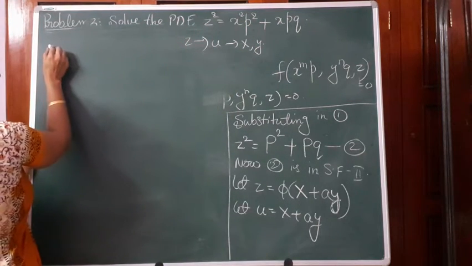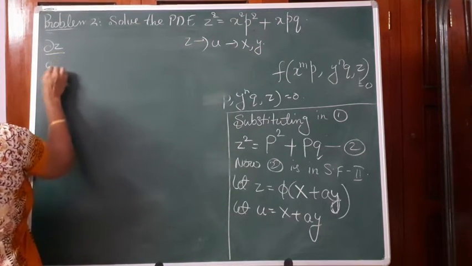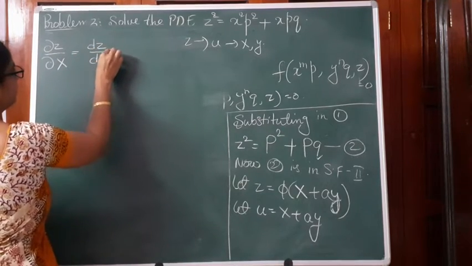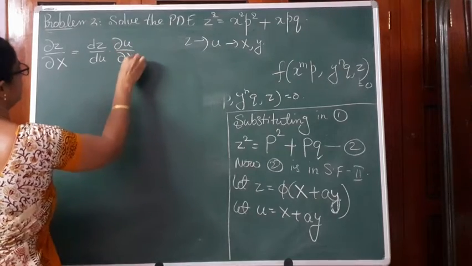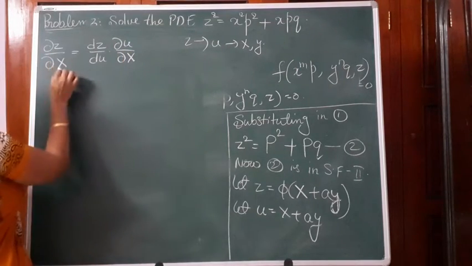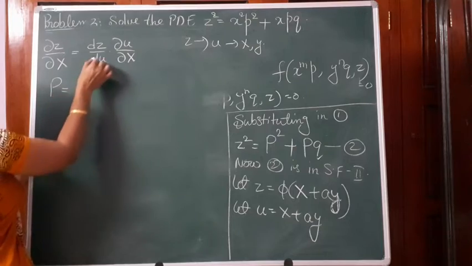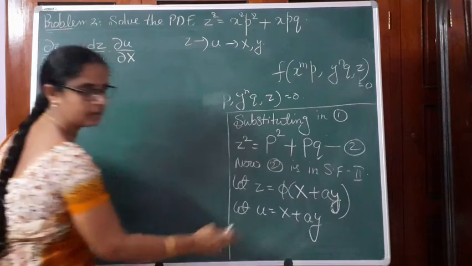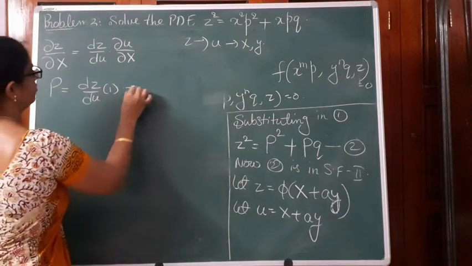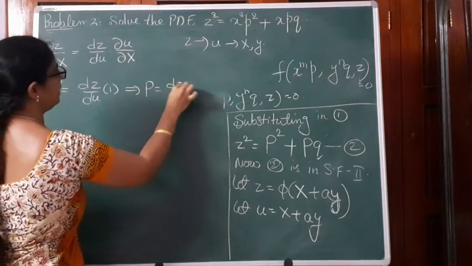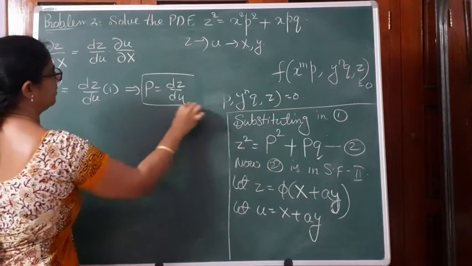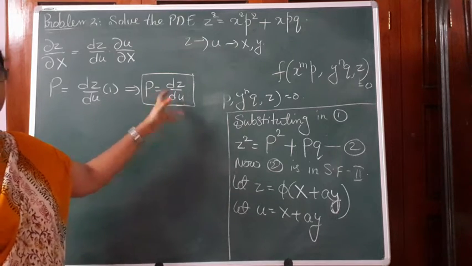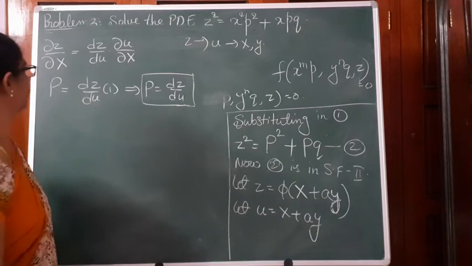So we can write dou z by dou capital X is equal to dz by du into dou u by dou capital X. Dou z by dou capital X is capital P, dz by du into dou u by dou x. Dou u by dou capital X is 1. Therefore, capital P is equal to dz by du. This is the regular procedure we do whenever the equation is in standard form. So always P is equal to dz by du. And what is Q? A into dz by du.